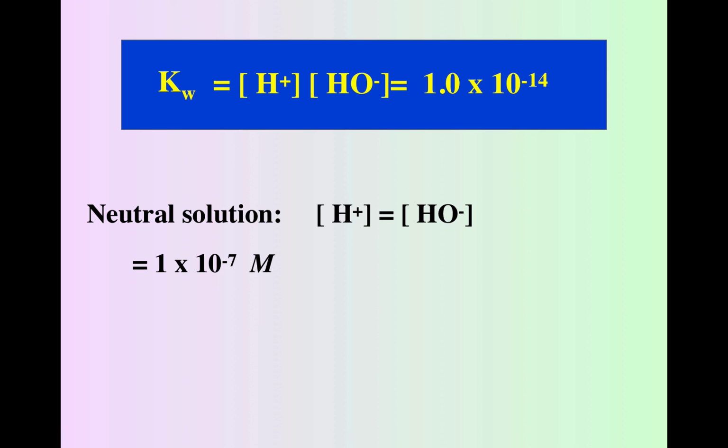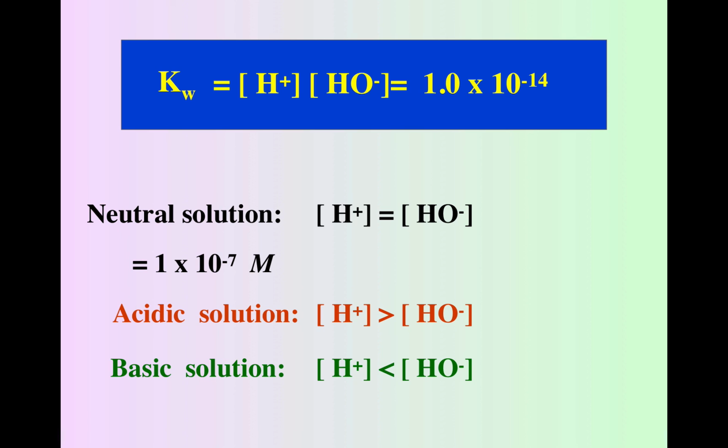So this is the concentration of the H plus ion and the concentration of the hydroxide ion in water. In an acidic solution, we'd have a higher concentration of H plus than hydroxide. In a basic solution, as the hydroxide concentration went up, the H plus concentration has got to go down if we're going to be equal to this constant, 10 to the minus 14.